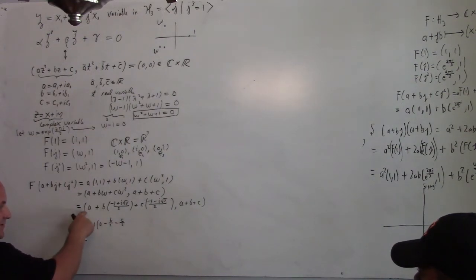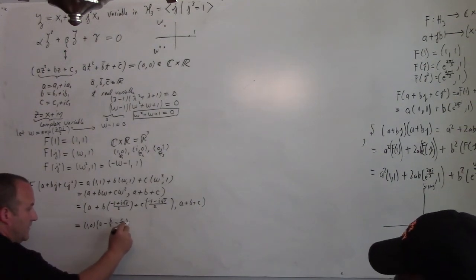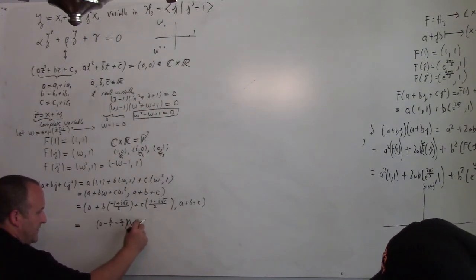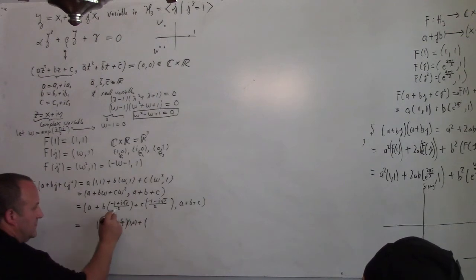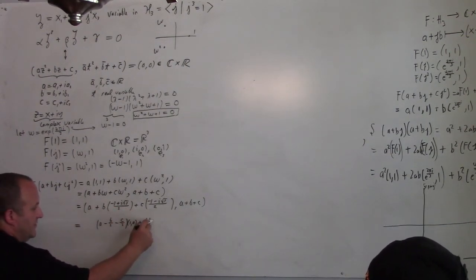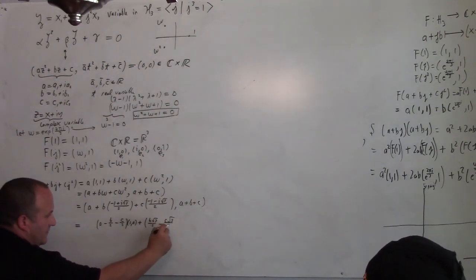That's the real part of the first component. I really should write this over here, sorry. And then what's the imaginary part? We got b root 3 over 2 minus c root 3 over 2.